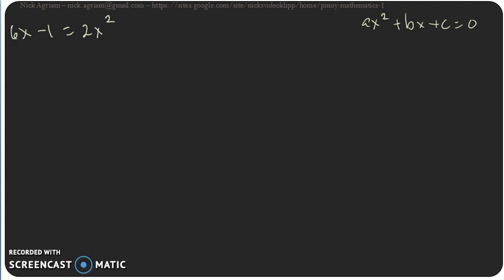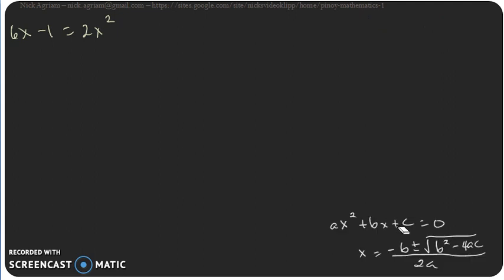Now, to transform this equation, we need to collect everything to one side. Then we have minus 6x plus 1 on both sides. So we have 0 is equal to 2x squared minus 6x plus 1.